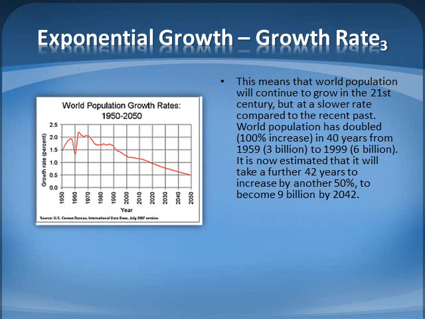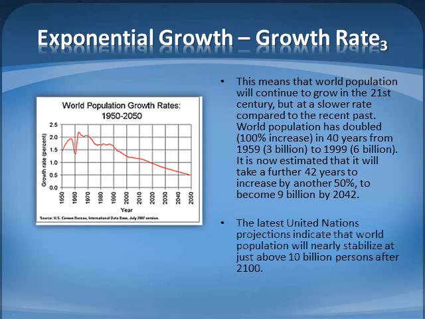All right, so a little bit more about this, relating this to doubling time, and as we mentioned, going into the end of the 21st century, we should have a much slower growth rate. But again, there are so many people on the planet that it's predicted here by 2042 we'll have at least 9 billion people on the planet, and really we don't know if our planet's able to sustain that kind of population.